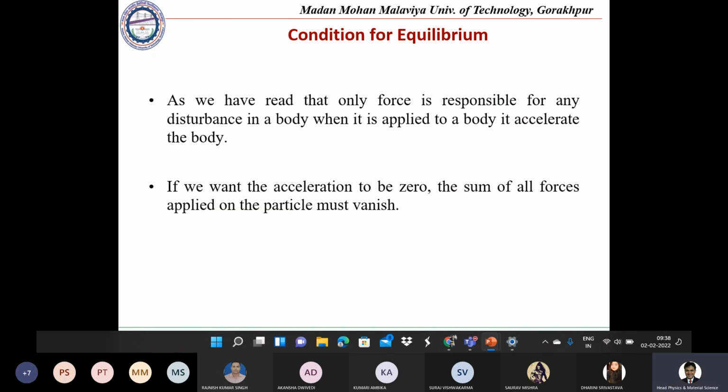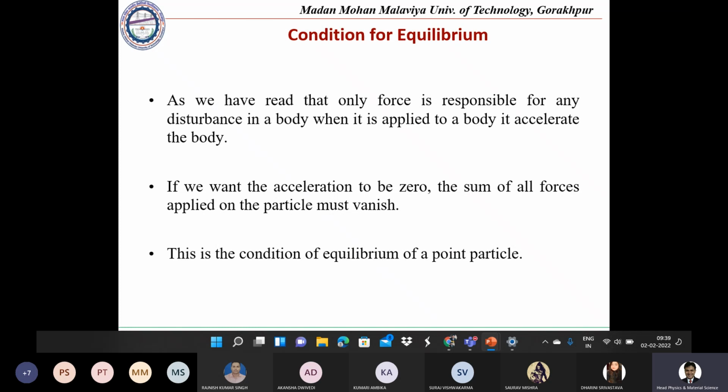If we want the acceleration to be zero, then the sum of all the forces applied on a particular particle must vanish. It means that if you wish the particle to be static, then the acceleration should be zero, and acceleration should be zero means that the sum of the forces which are responsible for the acceleration in the body must be zero.